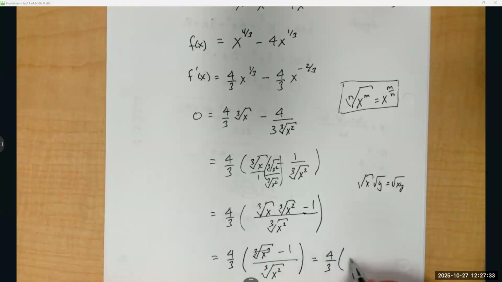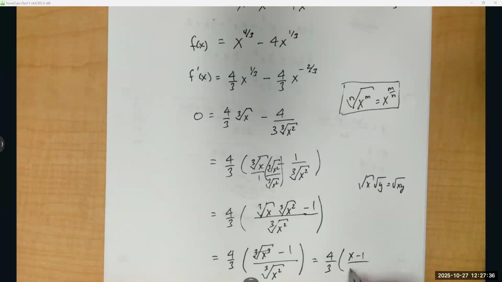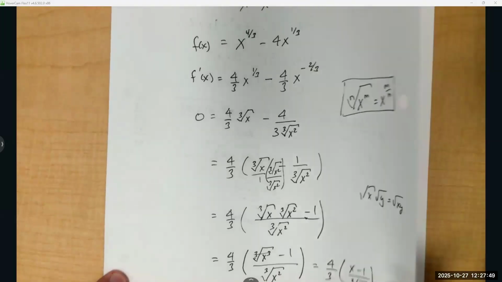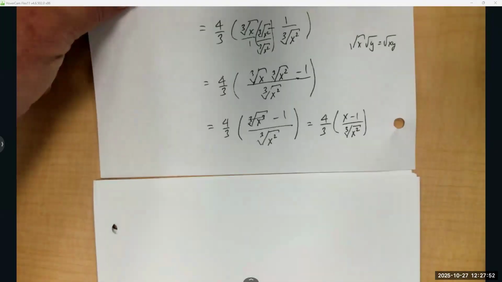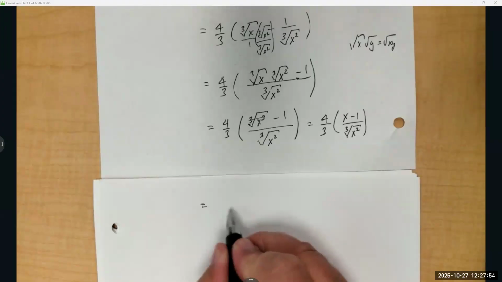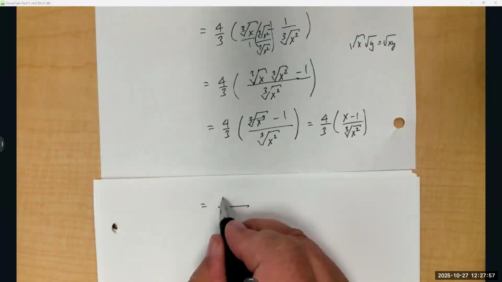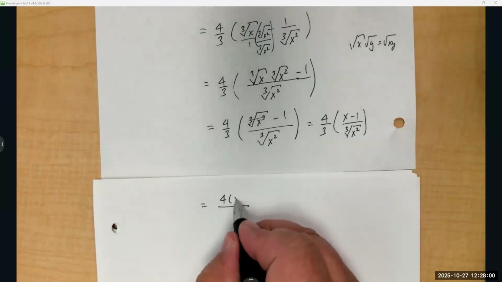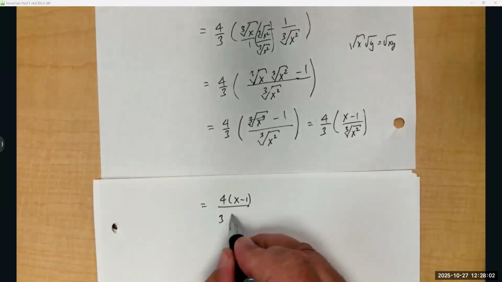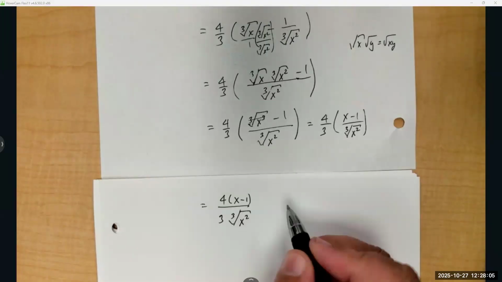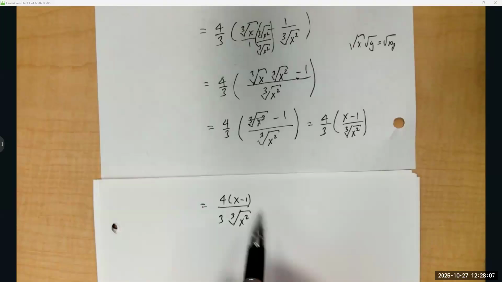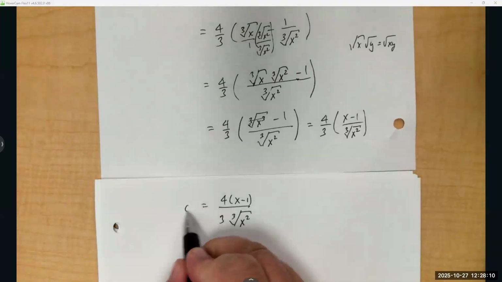Cube root of x cubed makes it just x minus 1. On top, we have 4 times x minus 1, over 3 cube root of x squared. We'll leave that alone. Remember, set it equal to 0.